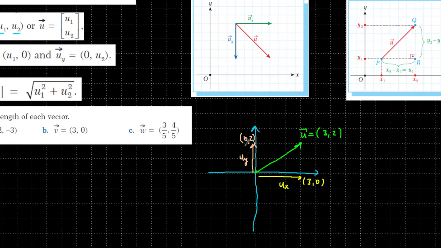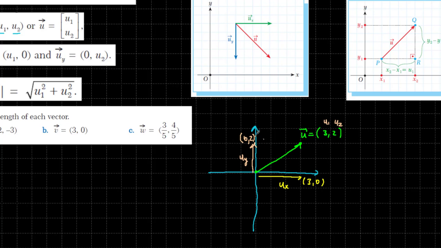And uy is 0, 2, ux is equal to 3, 0, like this is u1 and u2, whereas 3 and 2. So by using the u1 and u2, we can easily calculate ux and uy, two components of the vector.